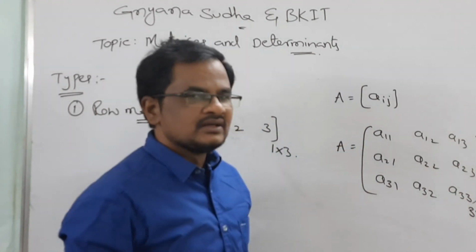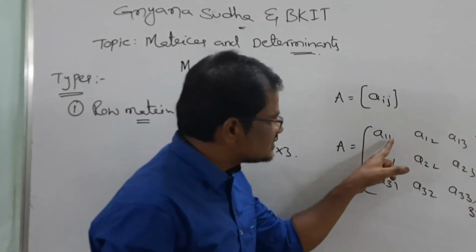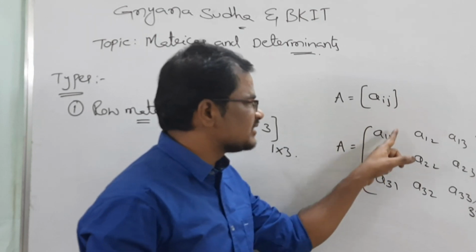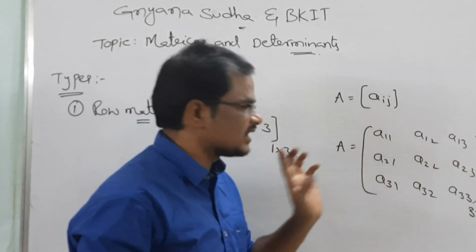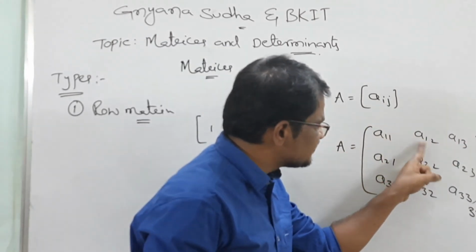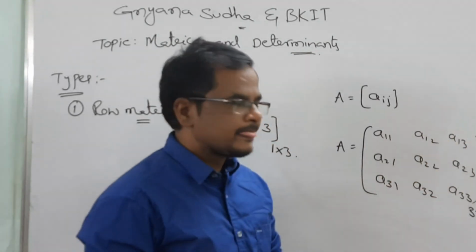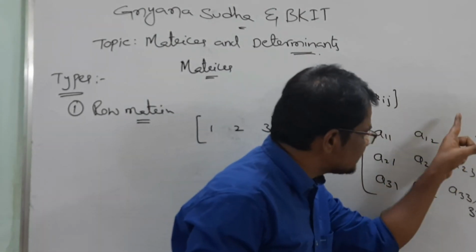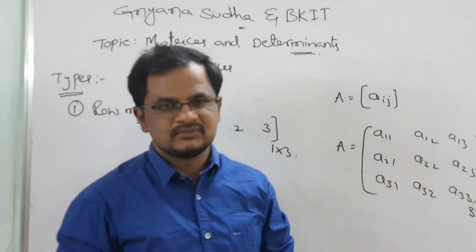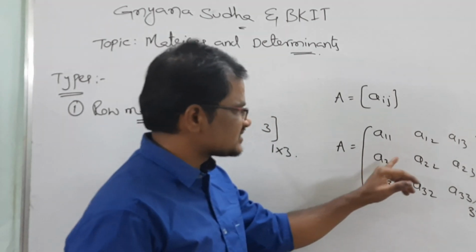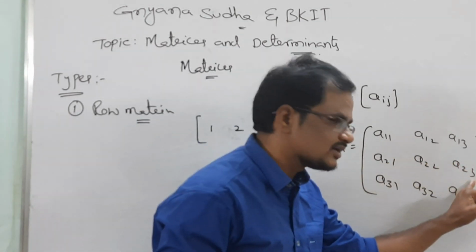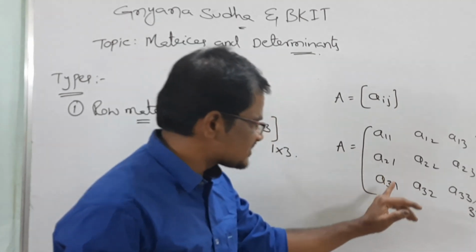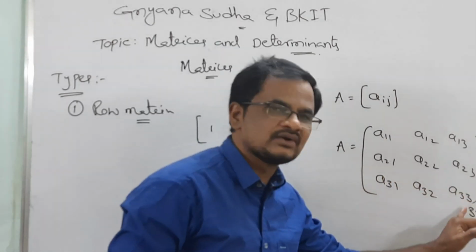Here i is 1, j is 1, means the position of this element is first row, first column. This one is first row, second column, and this one is first row, third column. And here second row, first column, second row, second column, second row, third column. Third row, first column, third row, second column, third row, third column.